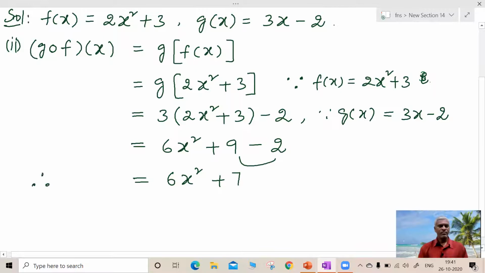So this is the g∘f(x) value. This is the first second bit.